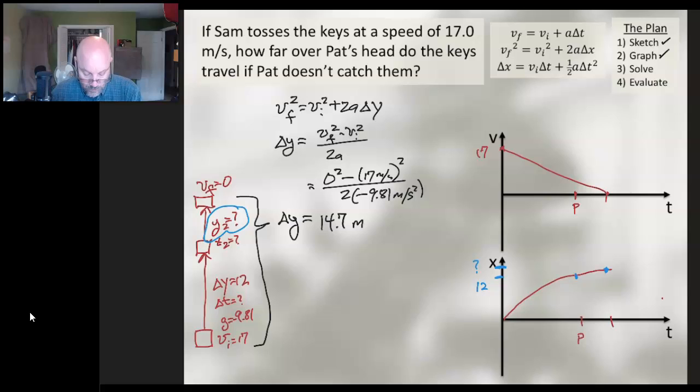So for y2 we're actually going to have to subtract off. y2 is going to be that 14.7 minus the 12. It's 12 to get to here, 14.7 there, and we need the difference. So the amount that it goes above Pat's head is 2.7 meters. Put a 0 on there.